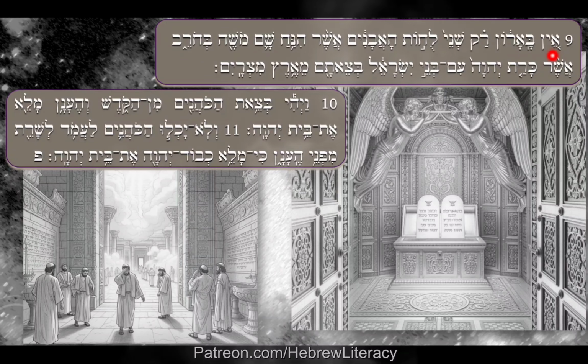Ein, there was not, in the ark, rak, except or only, shnei luchot, two tablets of ha'avanim, the stones. So the two stone tablets. Asher, which, hiniach sham Moshe, which Moshe laid to rest, caused to rest, set or placed, sham, there.